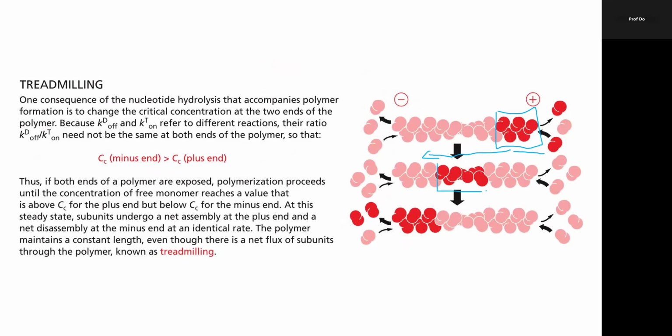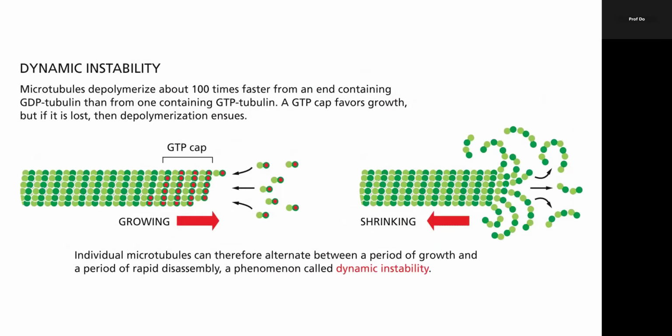So here is the exact same subunit that we were adding and removing in the beginning. And then it's going to go down even more. So again, it's like a treadmill. It's going to treadmill, cycle around, treadmill, cycle around. And this is, in essence, why we're calling this a treadmilling process.